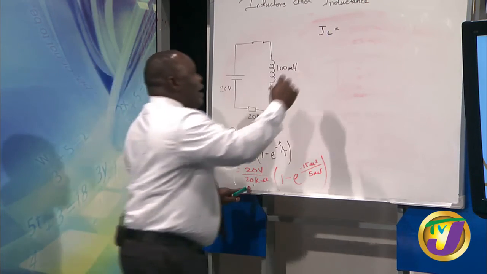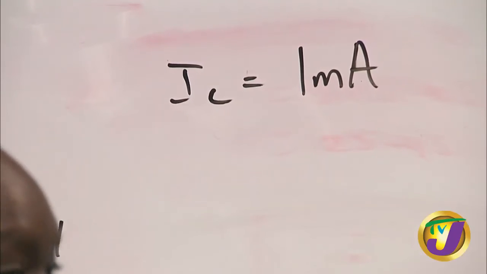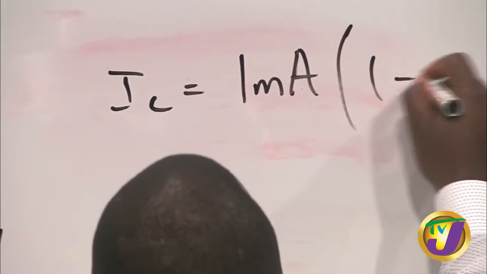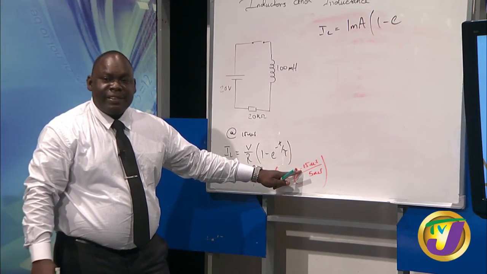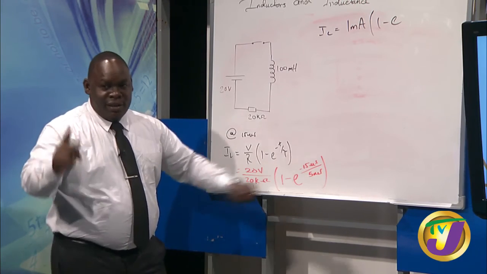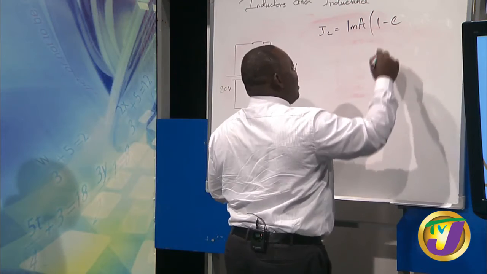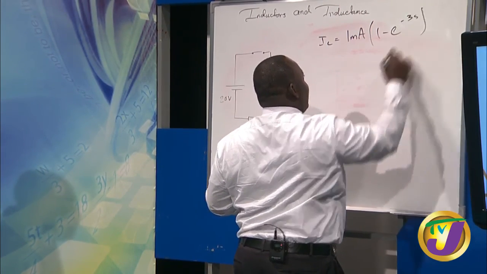Then we will end up with 1 milliampere, or 1 times 10 to the negative 3 amperes. And then if we're going to be simplifying what is in our bracket, 1 minus e, you notice we have here negative 15 microseconds divided by 5 microseconds. What did you calculate? 3 microseconds. Well, 3 seconds rather. So that will be e to the negative 3 seconds.